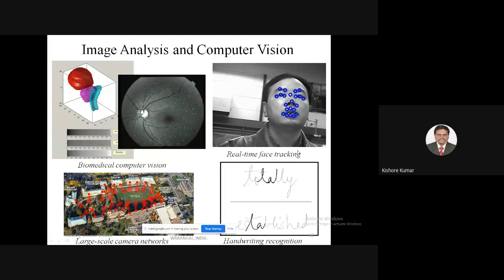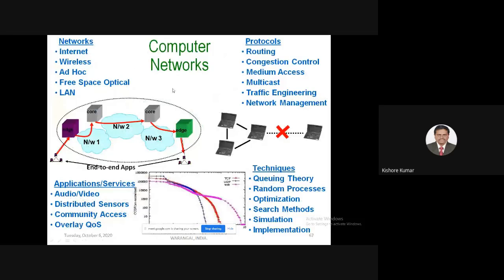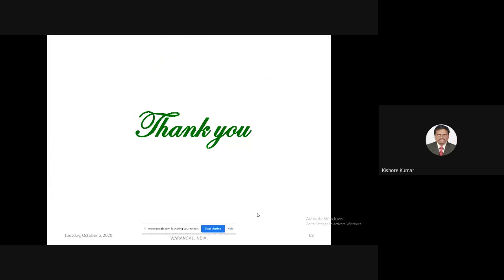Real-time face tracking, I can use this. In the case of computer networks, I can use wireless ad hoc, free space optical LAN, routing, congestion control, by using queuing theory, random process optimization, search methods, simulation, implementation. So that's all about signal processing and applications.